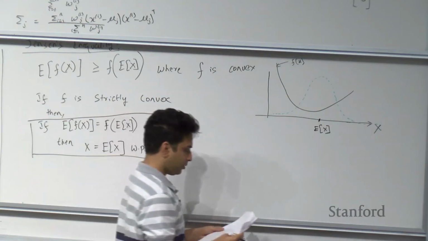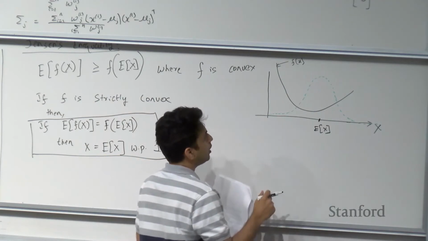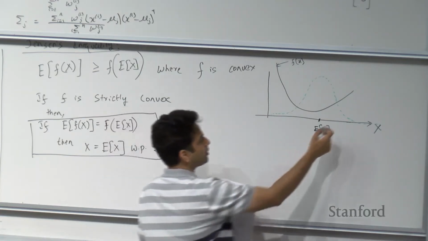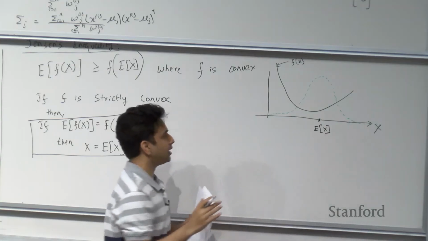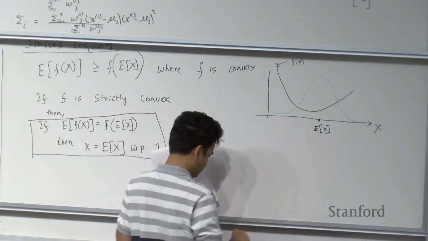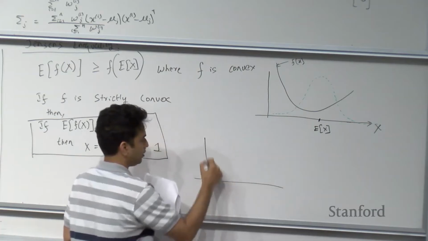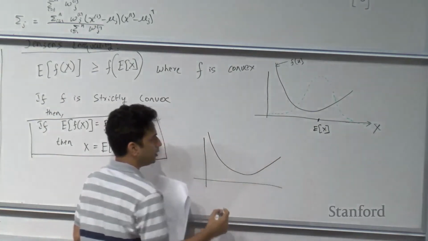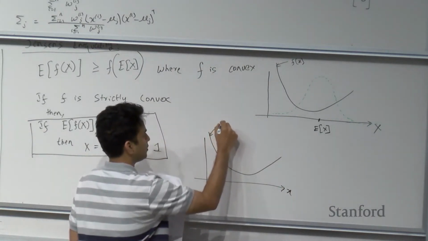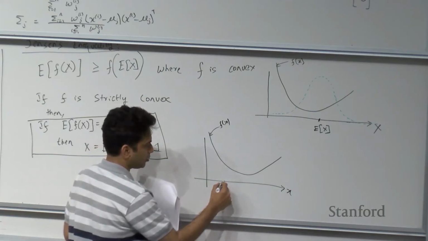And now, f of expectation of x. So in the case where x, let's assume x takes only two possible values. Let's draw another picture here. This is x, this is f of x. Let's assume it's a discrete distribution.